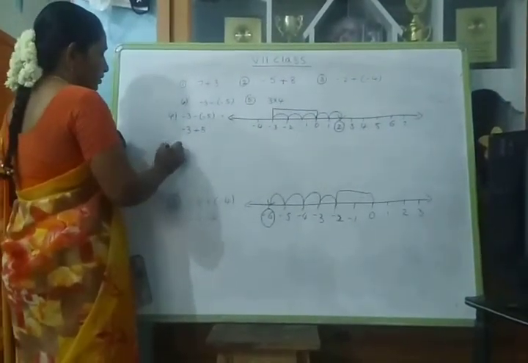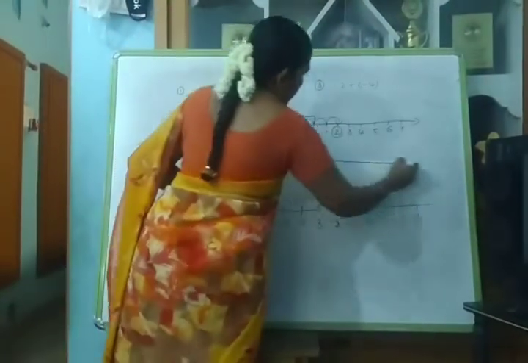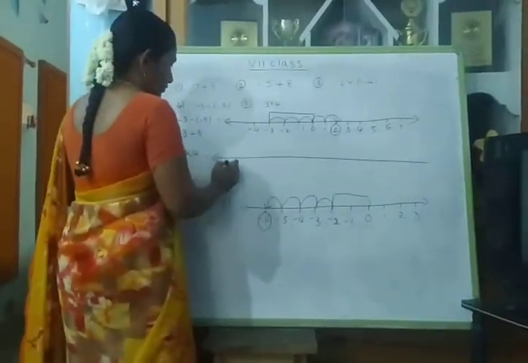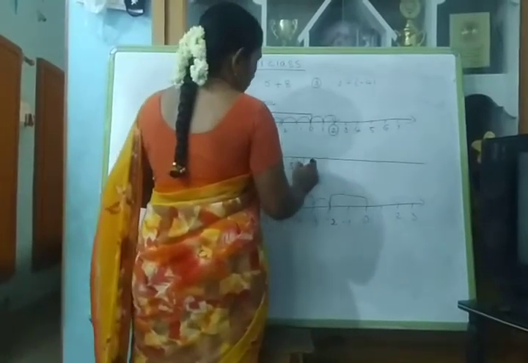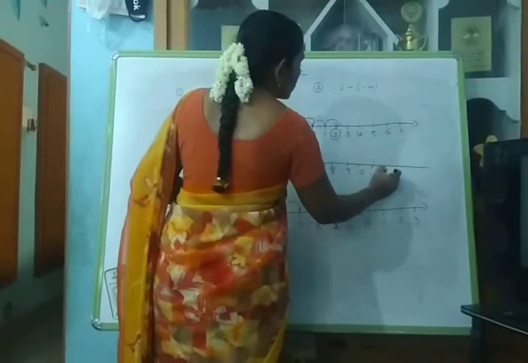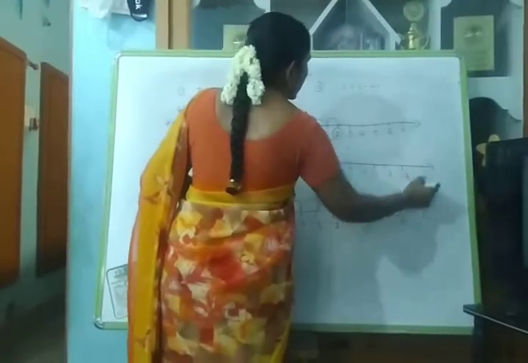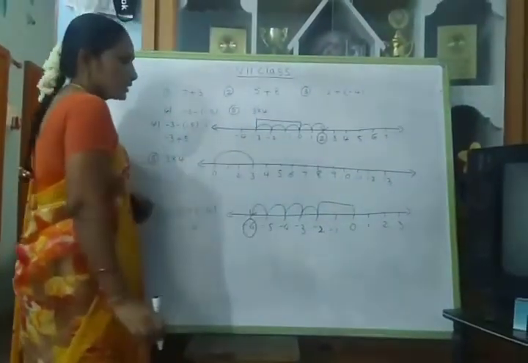Next one, 3 into 4. 0, 1, 2, 3, 4, 5, 6, 7, 8, 9, 10, 11, 12. So each time how many steps do you have to move? 3 steps.